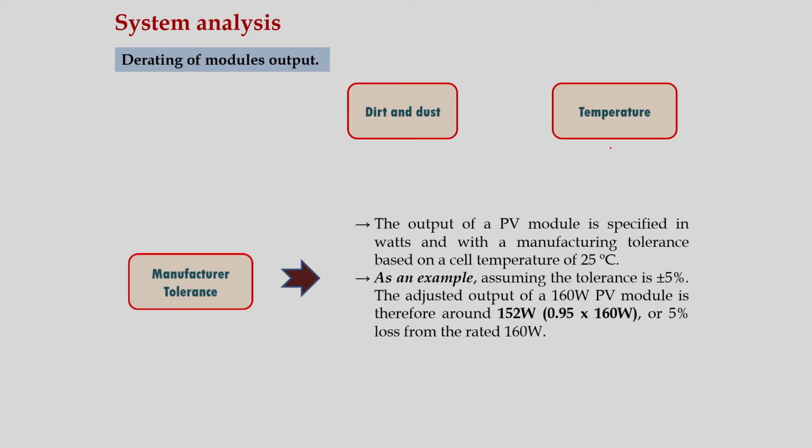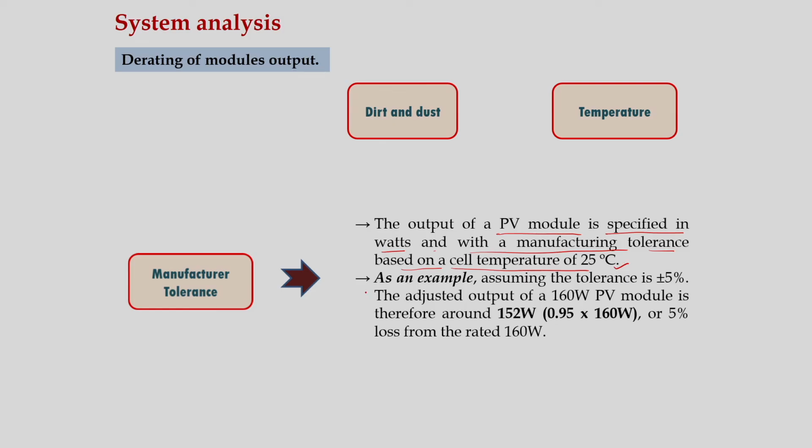That has to be considered when real PV module performance is estimated or analyzed. The output of a PV module is specified in watts with a manufacturing tolerance, based on a cell temperature of 25 degrees C.